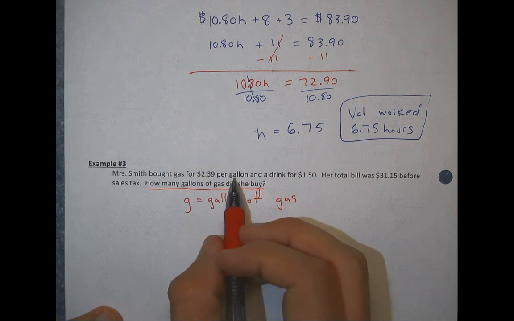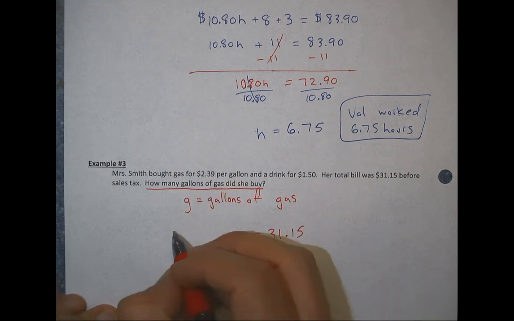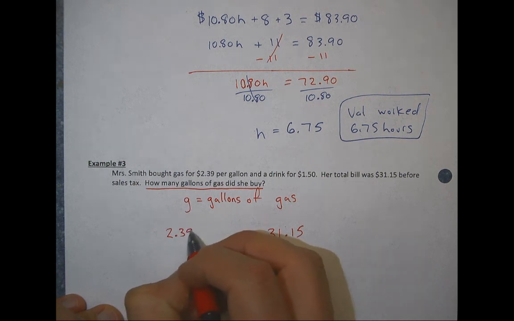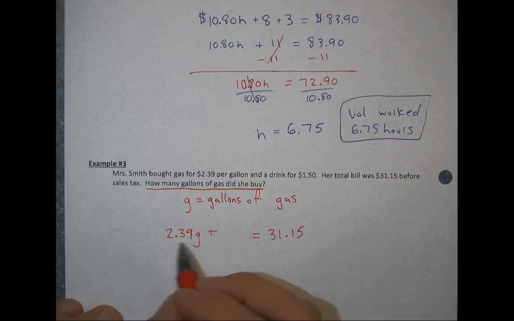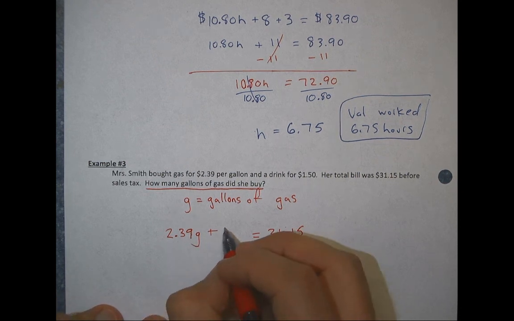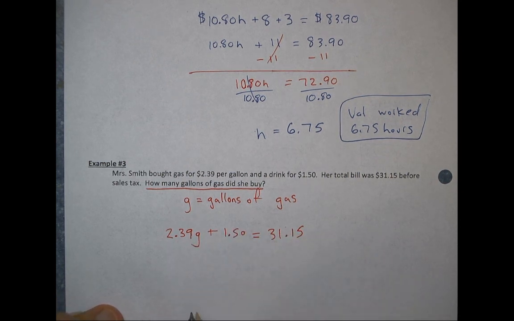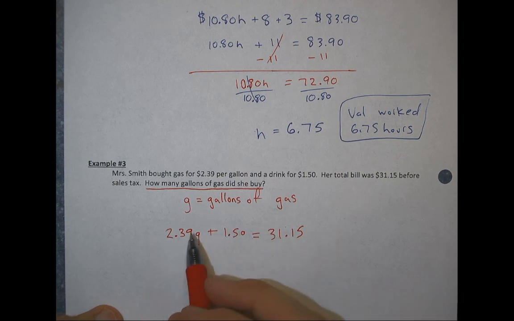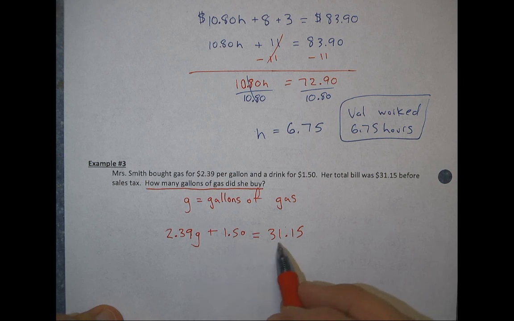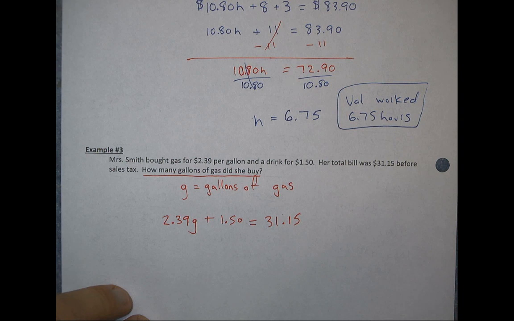If she bought 2 gallons, we'd times this by 2. So $2.39G plus, this represents the money she spent on gas, but she also spent $1.50 on the drink. If we add the amount on gas and the amount on the drink together, we get the total. So it makes sense.